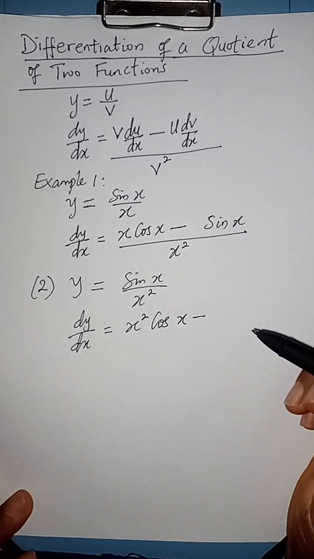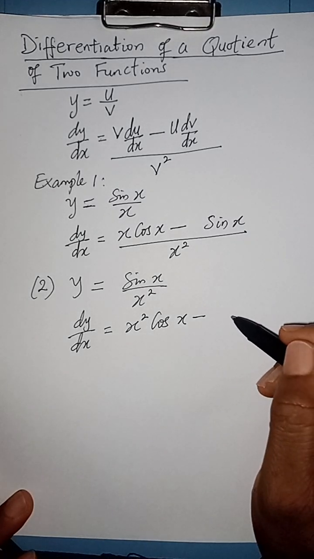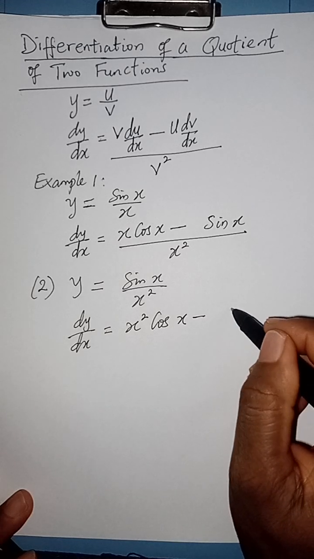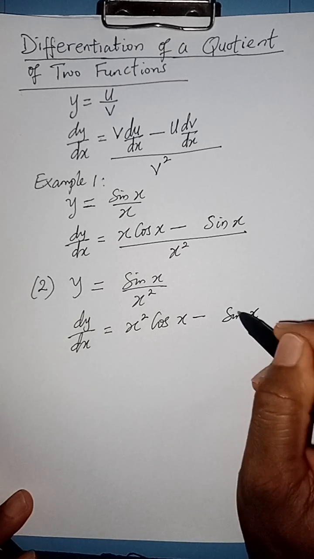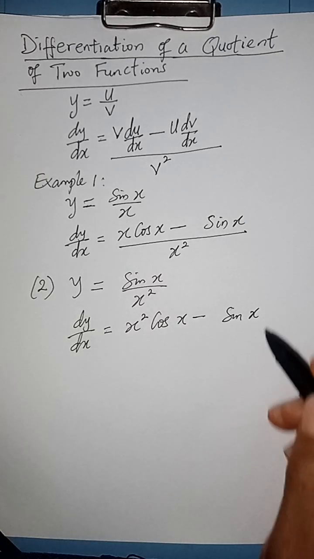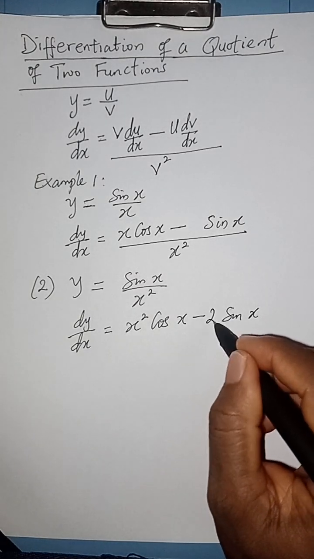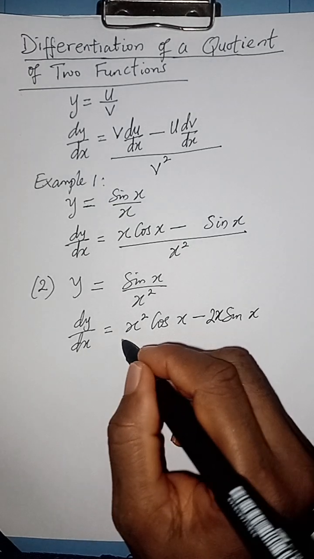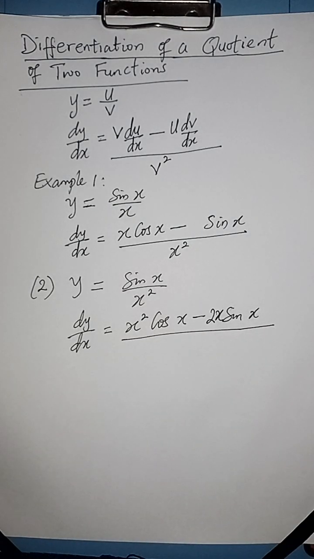Minus, then keep sine x constant, and differentiate the denominator, which is x squared. If you do that, it's going to be 2x. So 2x comes here so that your work will be organized.